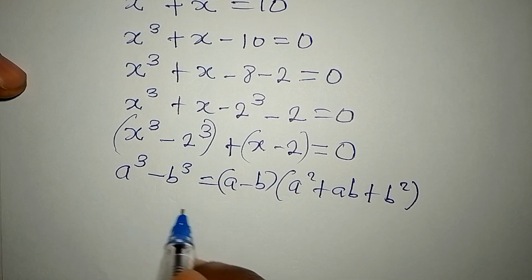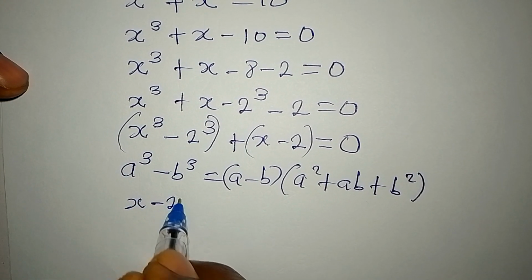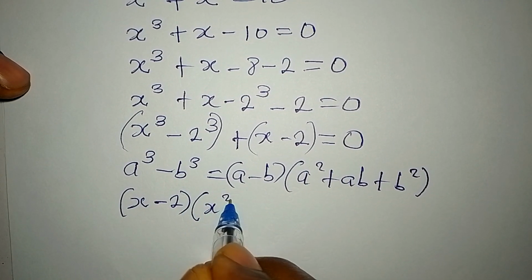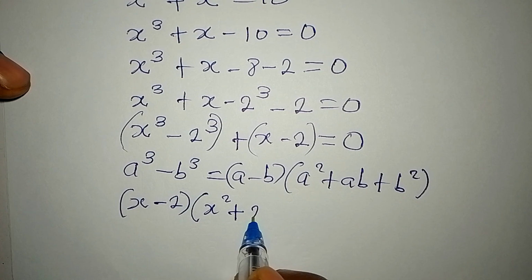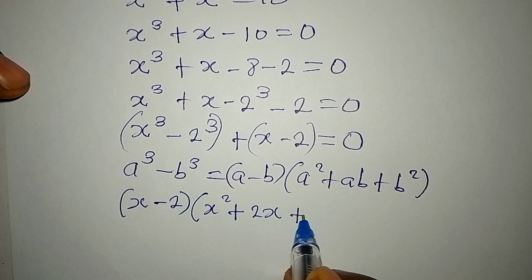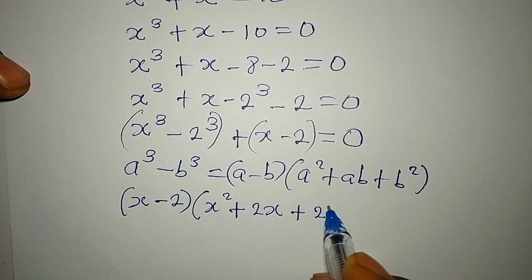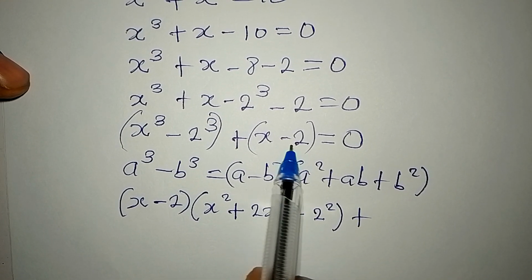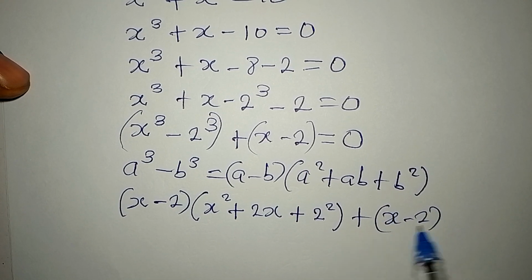So I'm going to write a minus b becomes x minus 2. Then a squared, that will still be x squared, plus ab, that will be x times 2, and it's 2x, plus b squared. B squared becomes 2 squared. Close the bracket, then plus the whole of this, right, is still here, x minus 2.